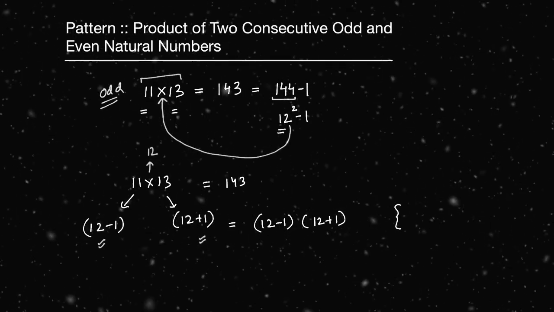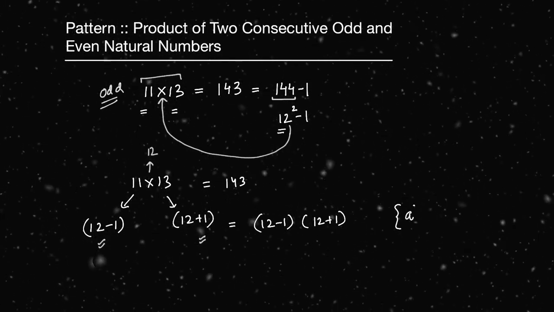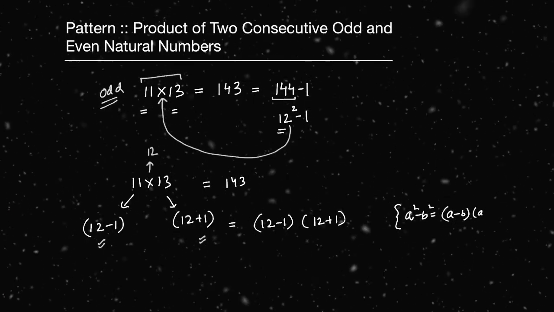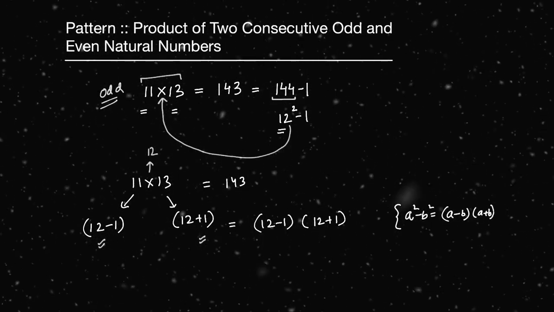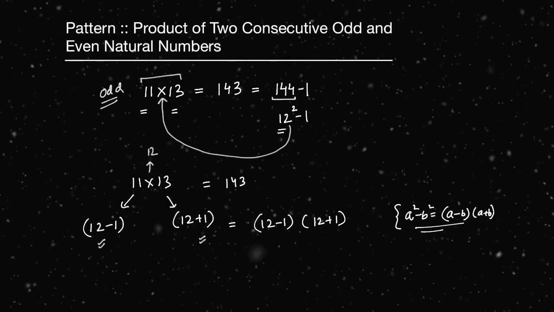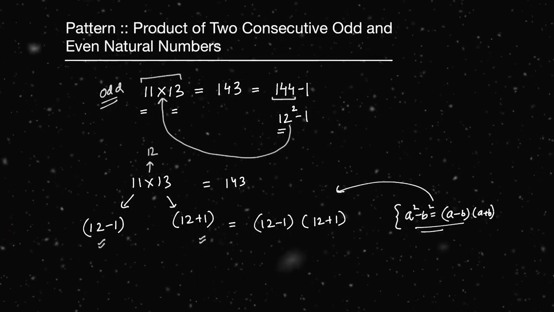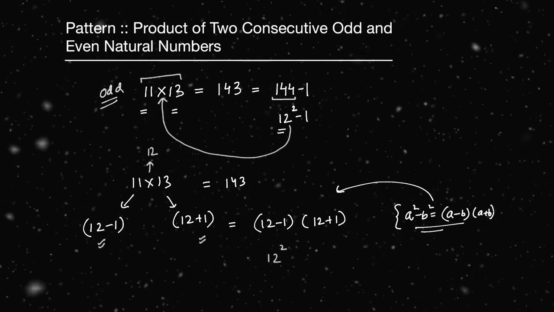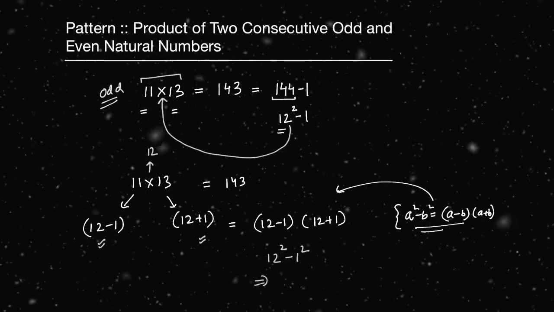Now again, if you see, this is the formula of what? It is of a square minus b square. If you write the formula of a square minus b square, we get a minus b times a plus b, and it is the same as what we have found. So by applying the formula, can we write 12 square minus 1 square?